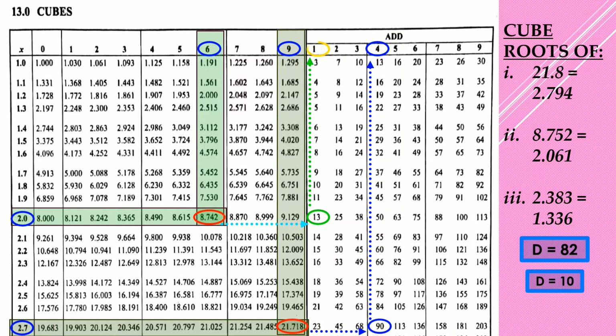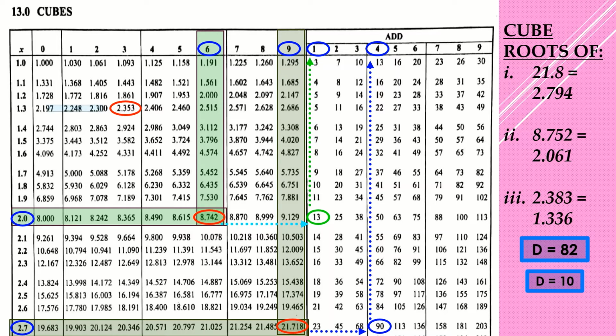We have our last number, which is 2.383, and this number, we look in our first table. Where do we have 2.383? We find it in the table, not exactly, but a number that is closer to 2.383.